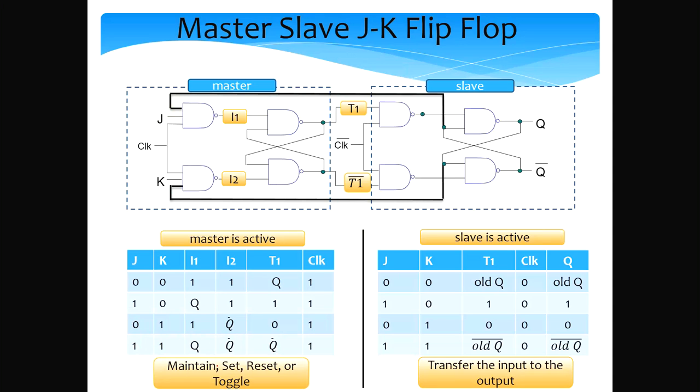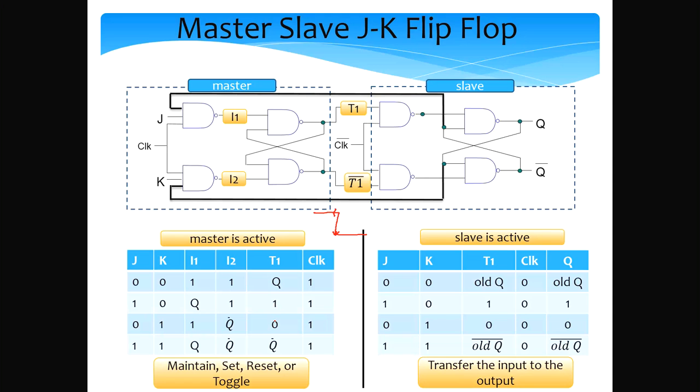So what is it that we have here? What we have over here is that we have looked at the point of time which is just before the negative edge, and at this point of time, for the 4 combinations of J and K: when J and K are 0, 0, we maintain the value. If J is 1, K is 0, we set the value.